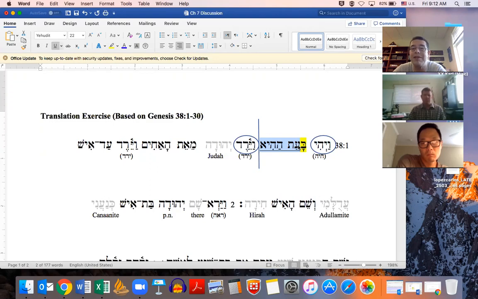And I want to be able to see it. I want to be able to identify prepositions and spot units of words that allow me to focus on the main idea, so that I don't end up just trying to put words in a sentence like a collage of cutout magazine pictures. You know, sometimes when I'm in class, a student will translate and I can tell they've got the vocabulary words.